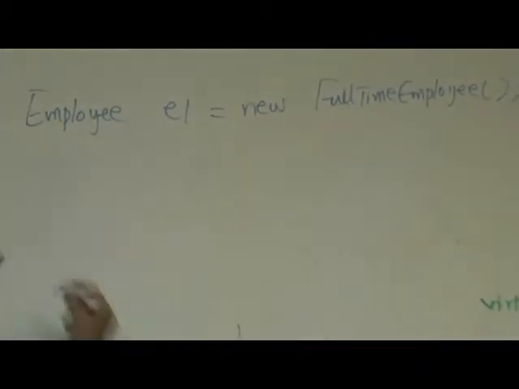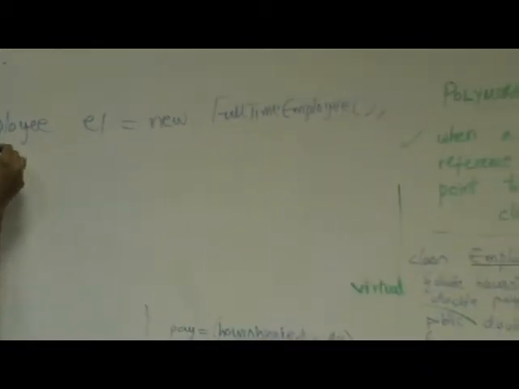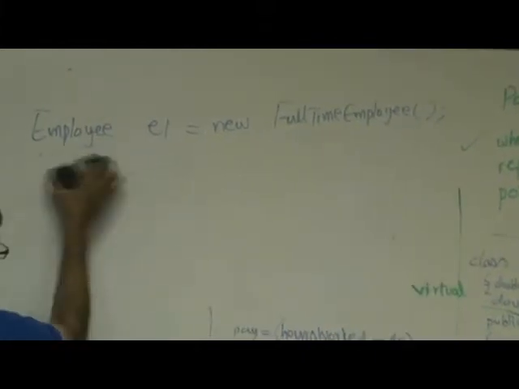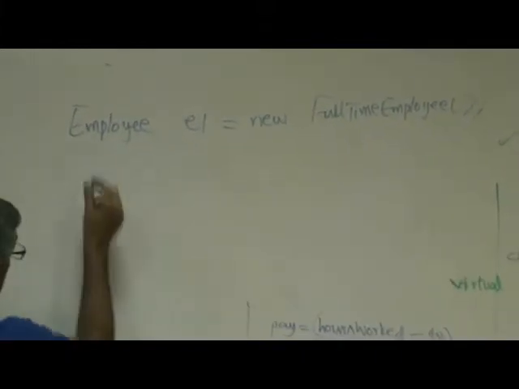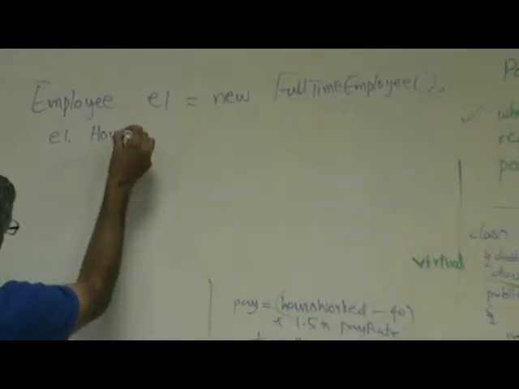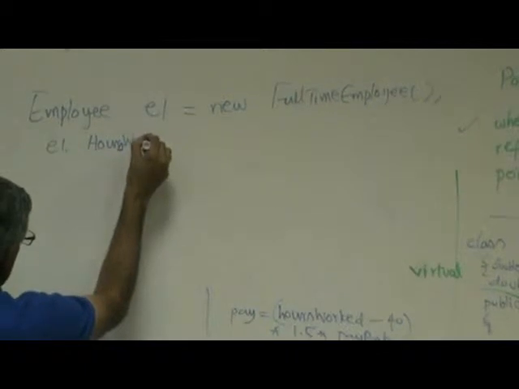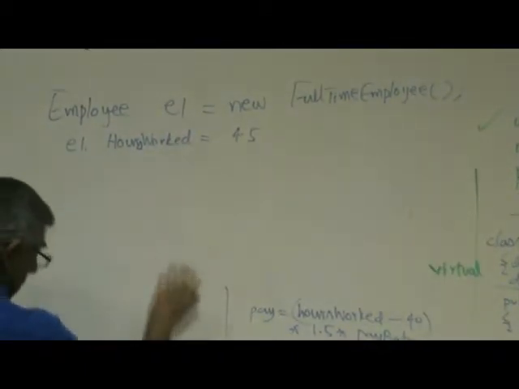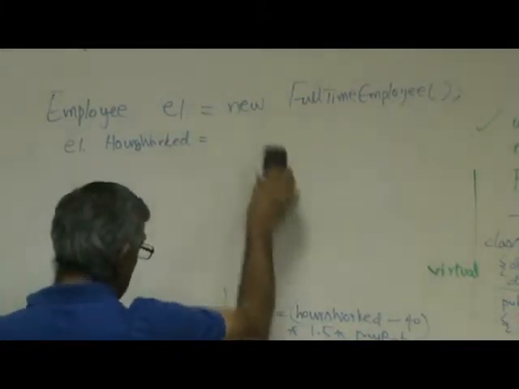Okay, and now if they said something like this, double, before we call the pay, let's set some hours. So if we did E1 dot hours worked, let's say 45, or let me make it 50, easier to calculate.